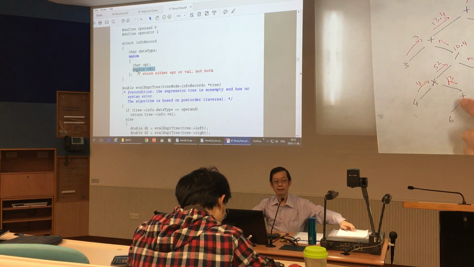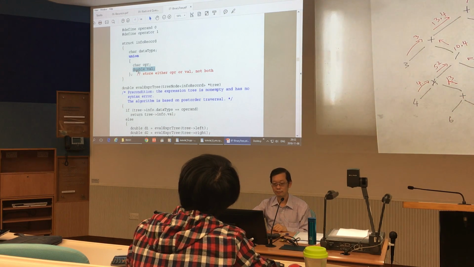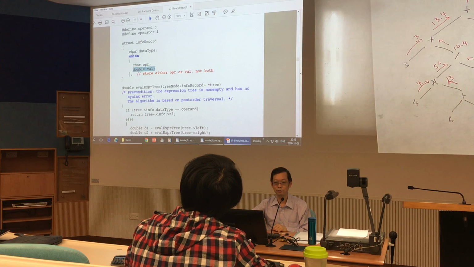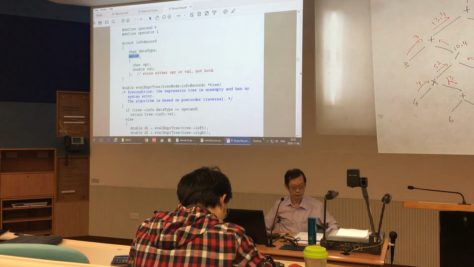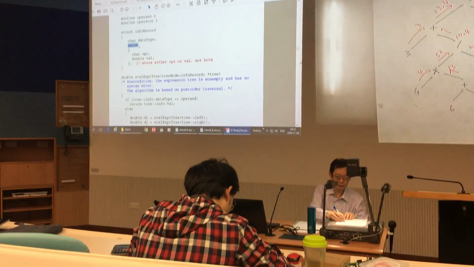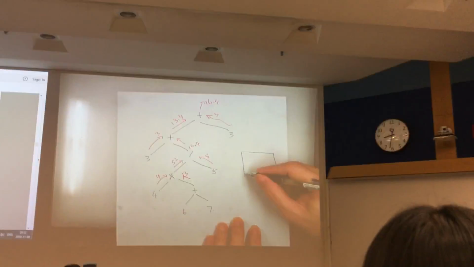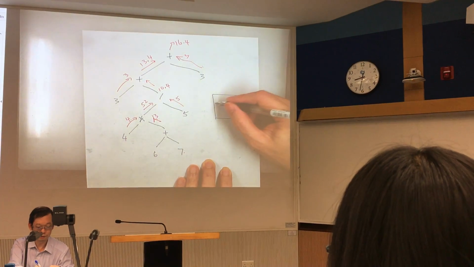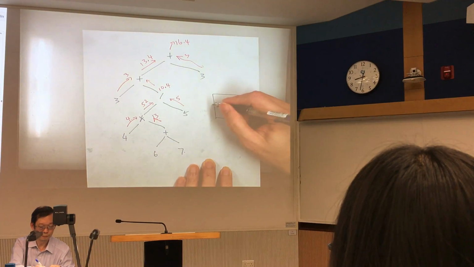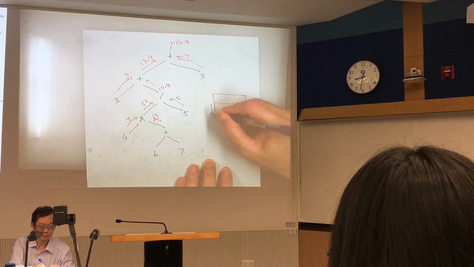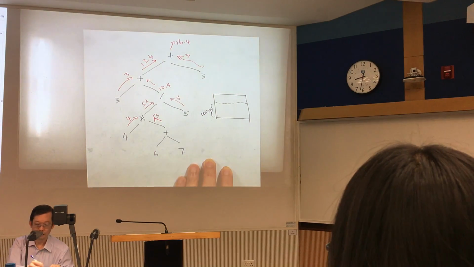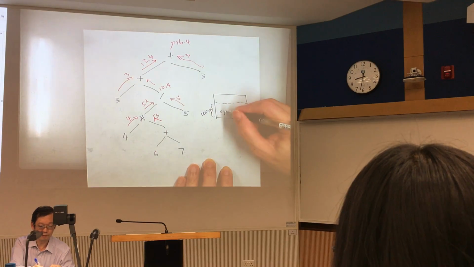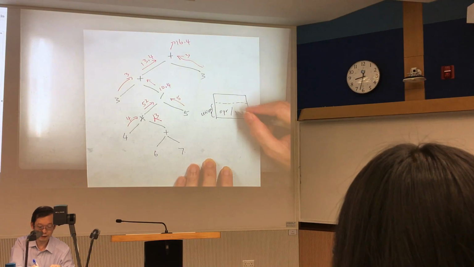Okay. And in this example, okay, we use a union. Okay, what is a union? A union means that in the physical memory structures, you can either store an operator or a value.